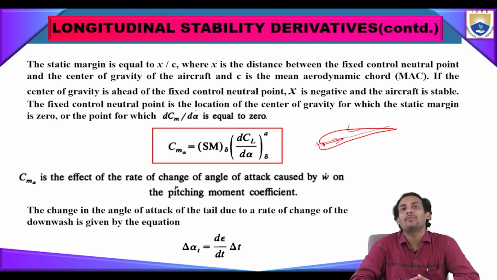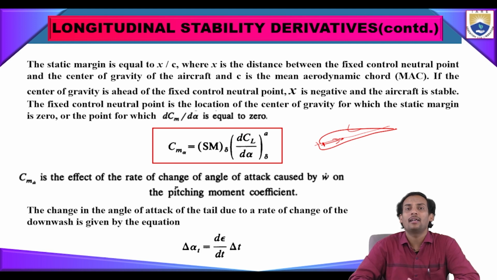Then Cm alpha will be equal to SM at delta into dCL by d alpha. So dCm by dCL we make it the static margin, and that is how Cm alpha will be considered. The Cm alpha is the effect of the rate of change of angle of attack caused by W naught on the pitching moment of motion.